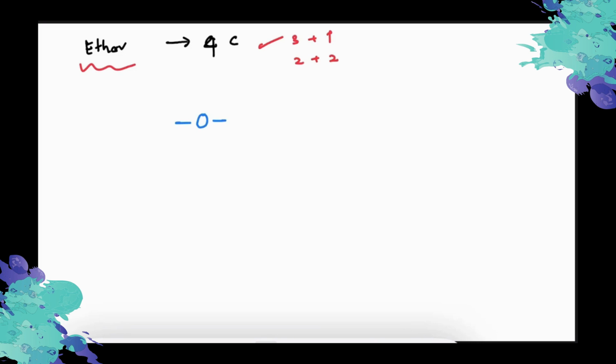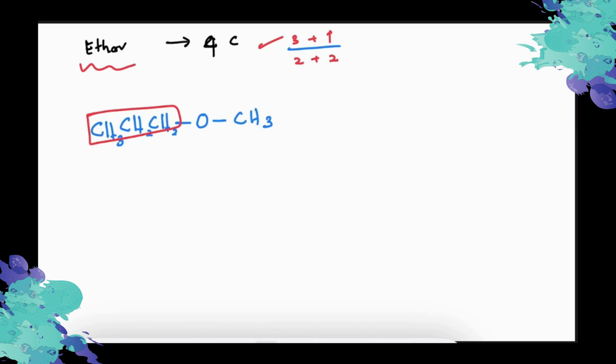So let's say we want to do 3 plus 1, 1 carbon here and another 3 carbon here. So this is one ether structure. Right? So if you look at here, this is straight 3.